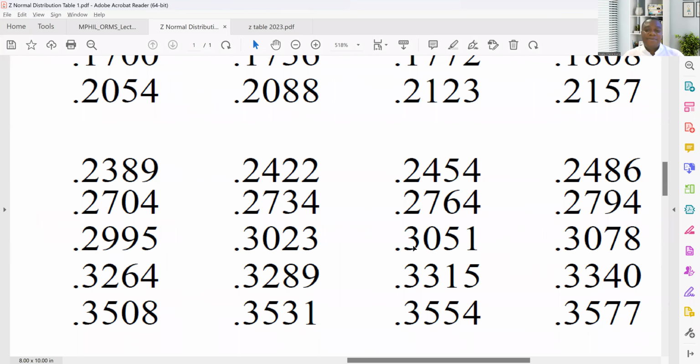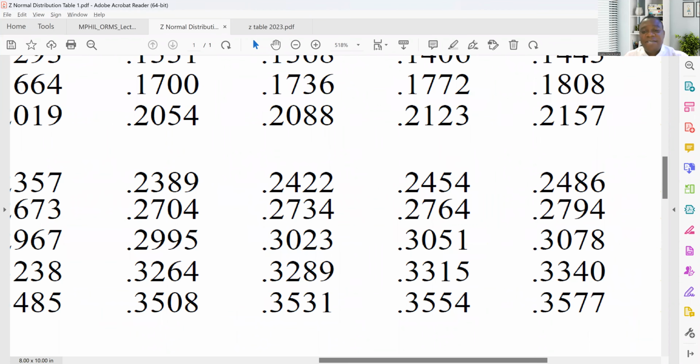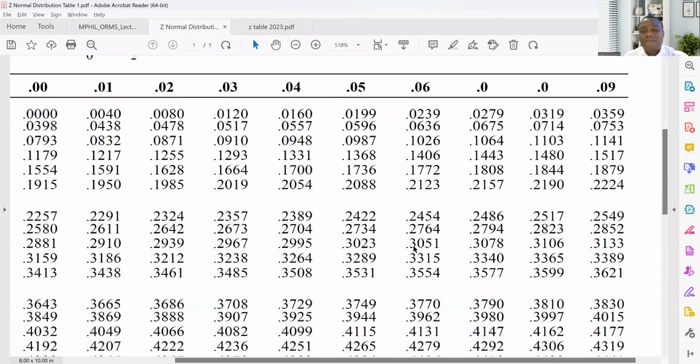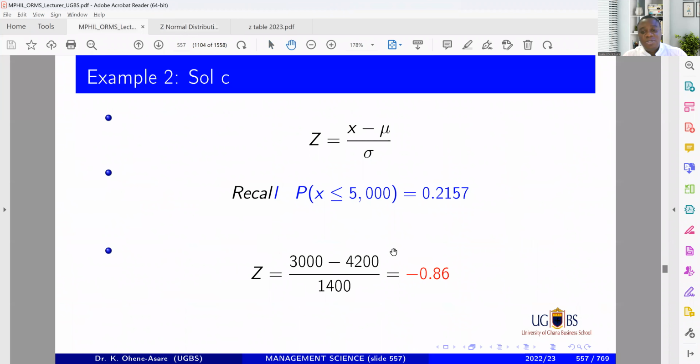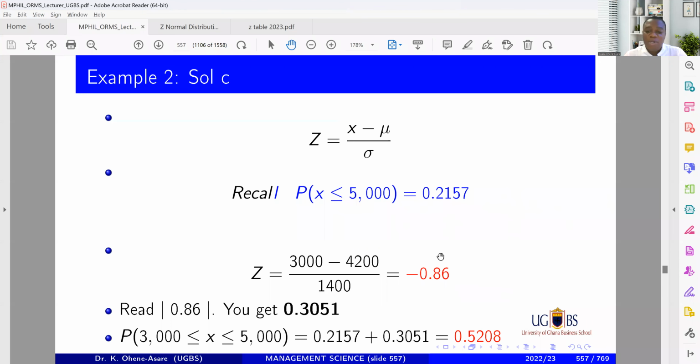Now that you've gotten the value, you know that it is from the center. It's on the left of the mean, so you will now add that value to the one you had before, just as he explained.